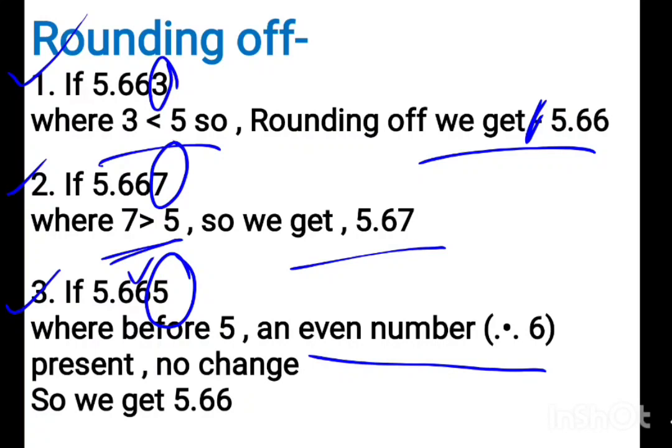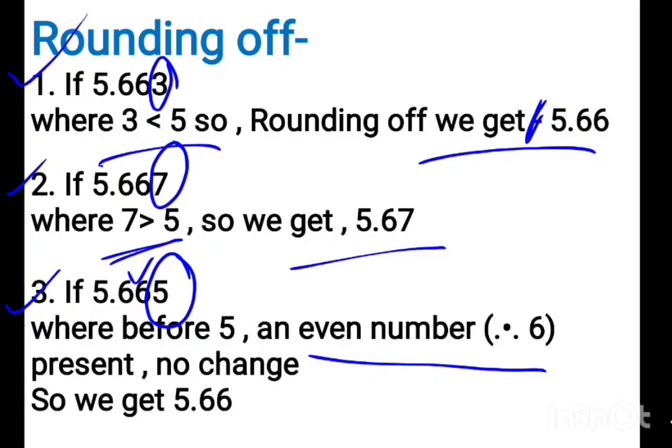So we get the 2 decimal number 5.66, because whenever the last digit is 5 and you have to round, if before 5 there is an even number, there will be no change. So we get 5.66 only.